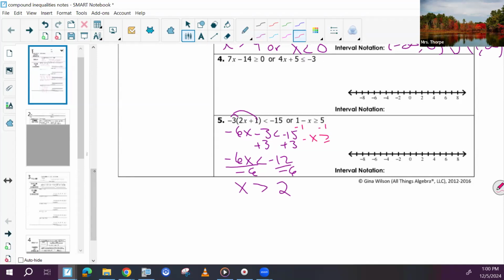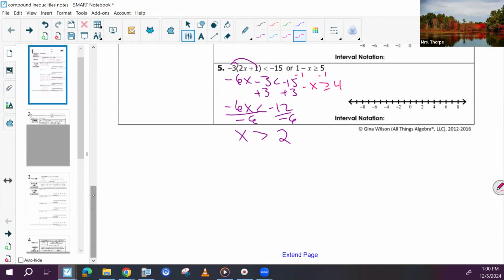Negative x is greater than or equal to 4. And then divide both sides by -1 because there's that invisible 1 in front of the x. The sign is again going to change directions. And that'll be a negative. So again, it's backwards, but as long as I graph it right, it'll be fine.